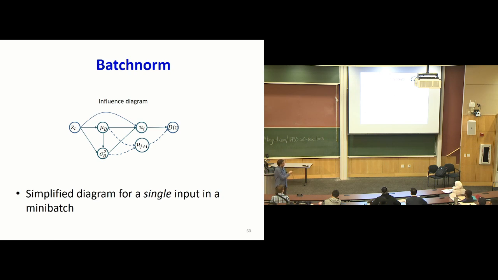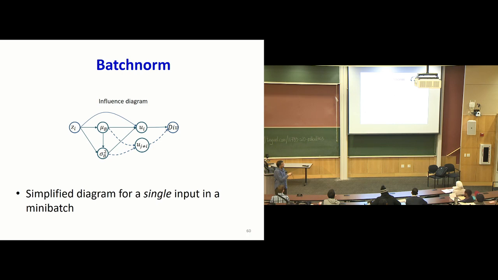It looks like this. The z, which is the pre-normalized affine combination, influences the mean. Every z in the mini batch influences the mean. I'm not showing you that. The z influences the variance, right?